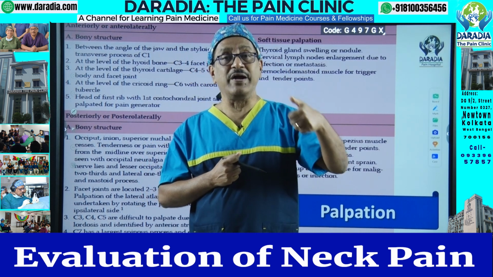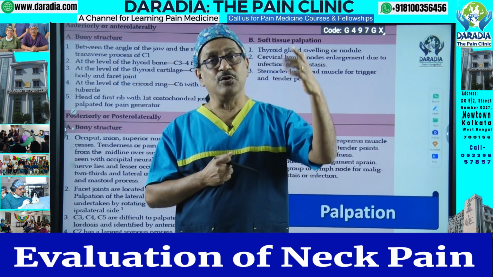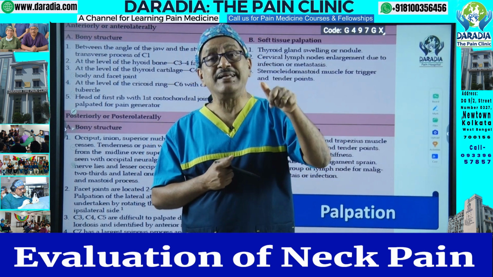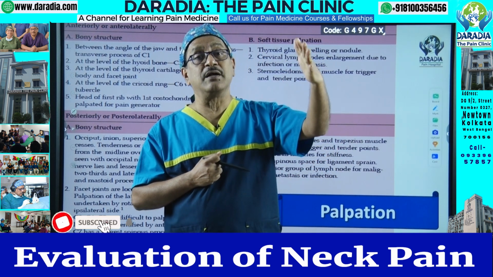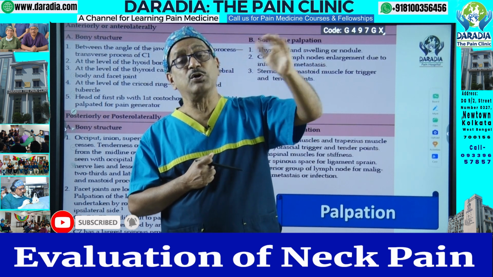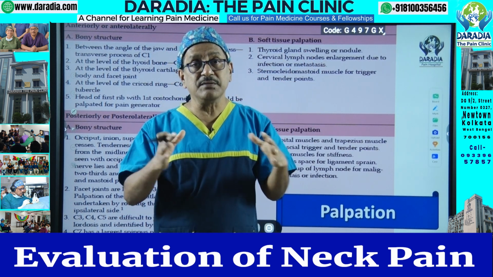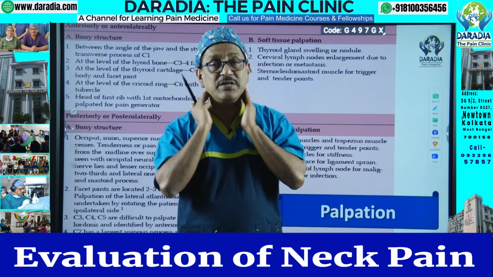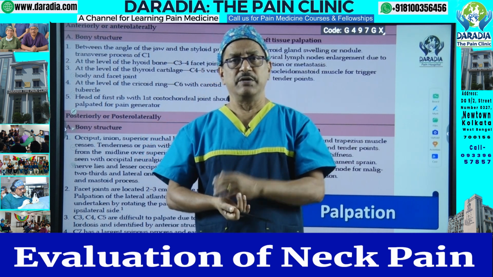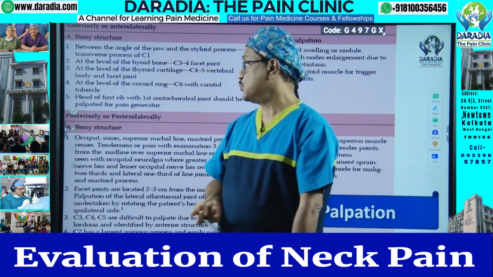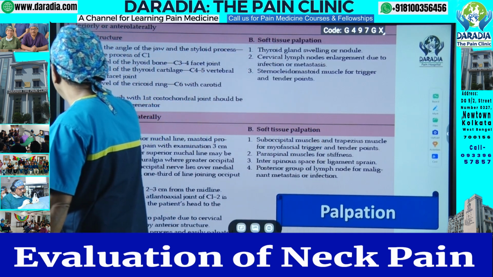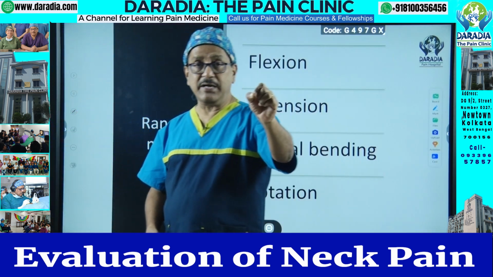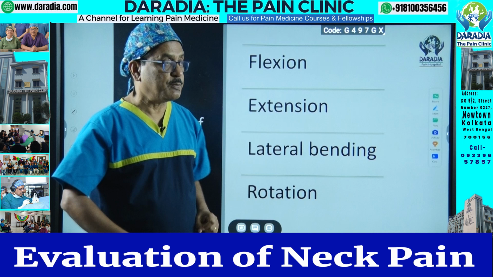We will be palpating the joints like the facet joints on either side. You should be palpating the different nerves like the occipital nerves, you can palpate against the occipital bone. So, these are the different ways. Anteriorly, laterally also to palpate the facet joint, and posteriorly also different bony structures, the nerves and the soft tissues. So, palpation carries very important value to have some idea about the location of the pain.